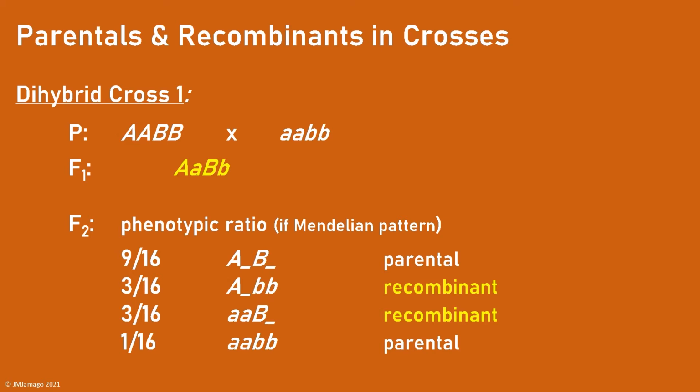Now, what are the recombinants? Of course, you can see what are the recombinants because they're already identified. But the recombinants, from the term itself, mga phenotypes or mga organisms nga dili exactly liwat, no, sa parents or sa grandparents. All right. 3/16, which would show us the dominant A phenotype and the recessive B phenotype, is the first recombinant.